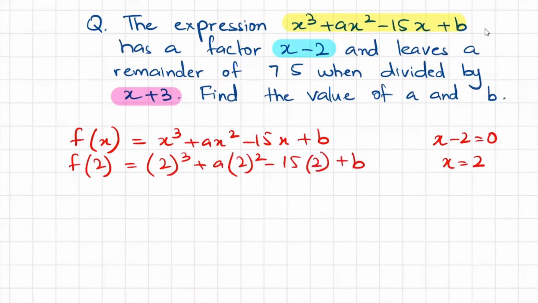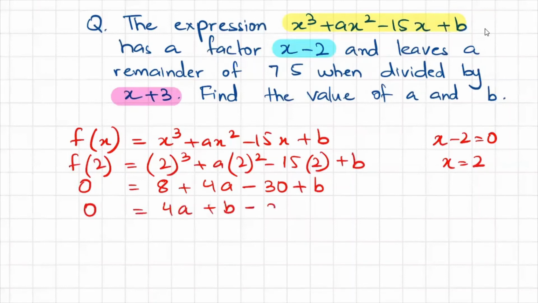Since it's a factor, the remainder would be 0, so I've written a 0 over here. 2 cube is 8, plus 4a minus 30 plus b. Let's simplify this: 0 equals 4a plus b minus 22.